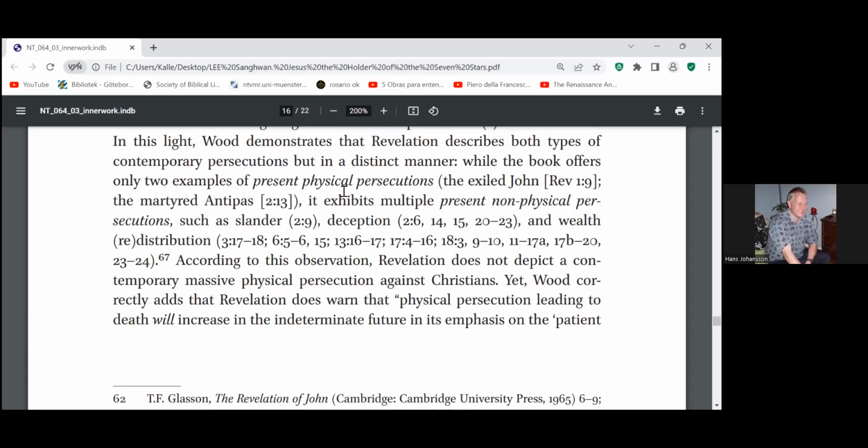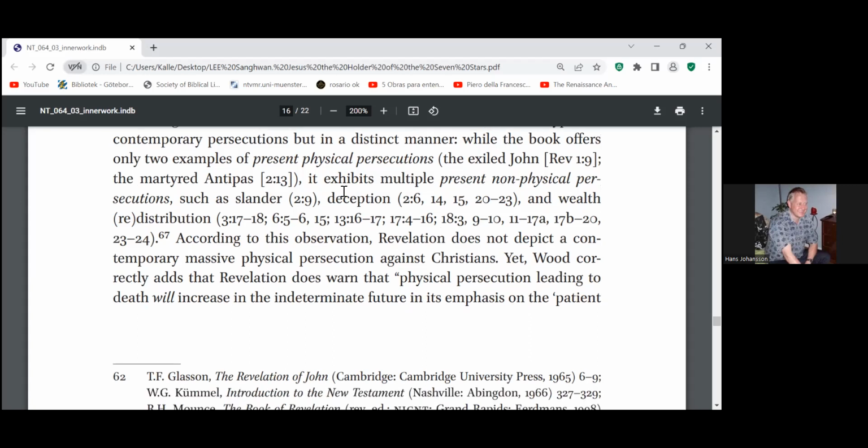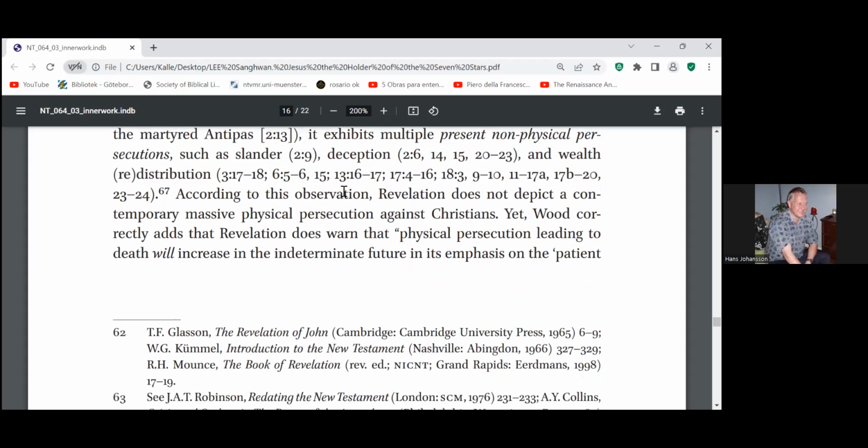In this light, Wood demonstrates that Revelation describes both types of contemporary persecutions, but in a distinct manner. While the book offers only 2 examples of present physical persecutions, it exhibits multiple present non-physical persecutions, such as slander, deception, and wealth redistribution.